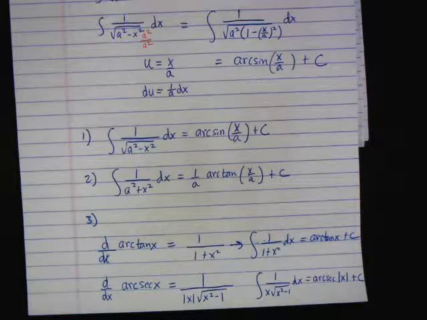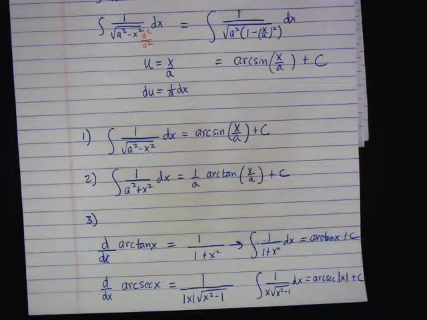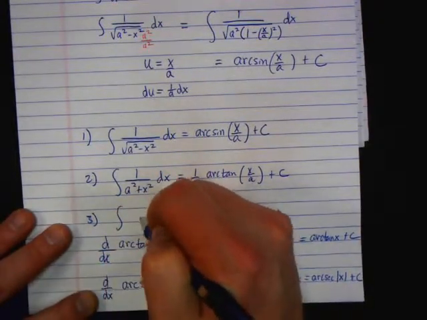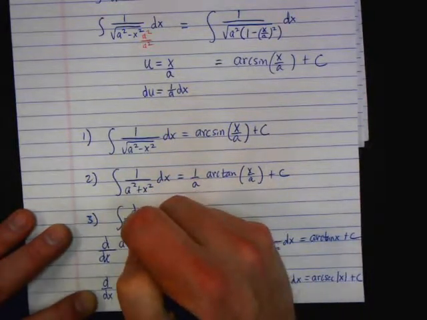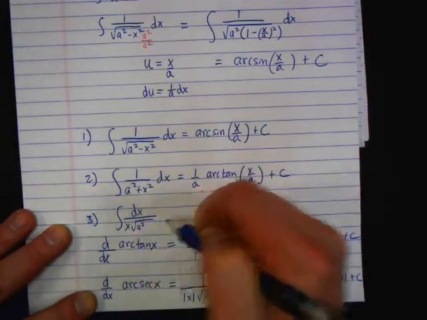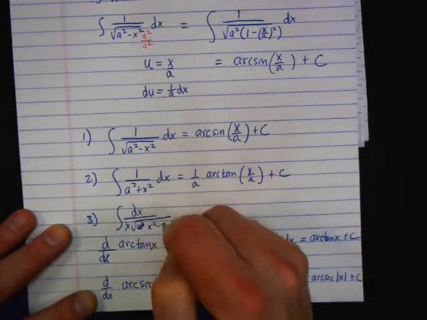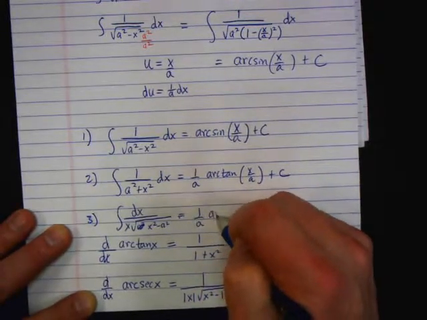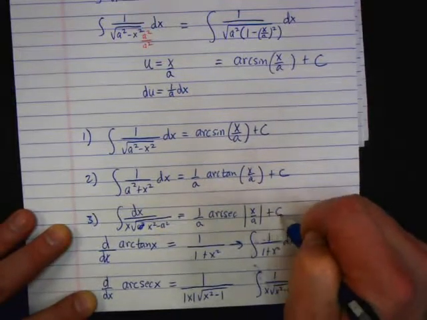So notice I took the absolute value out of here, but I put it back over there to balance it out. And so our last integration form for this section is the integral of dx over x square root of x squared minus a squared is 1 over a arc secant absolute value x over a plus c.